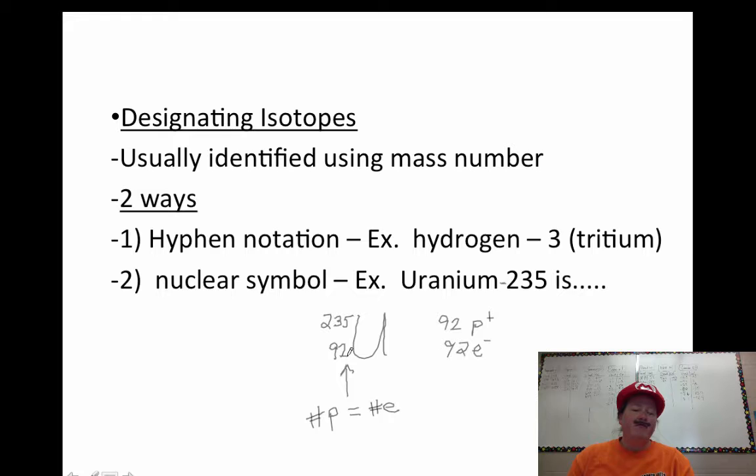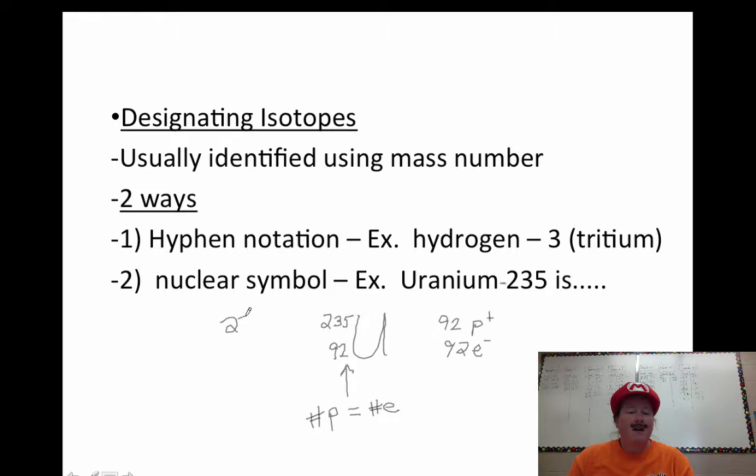To get the number of neutrons, we have to remember that all of the mass is in the nucleus. So if there are 92 positive protons, the rest of the mass of 235 has to be coming from neutrons. So to get the number of neutrons, you just have to take the mass number minus the atomic number.